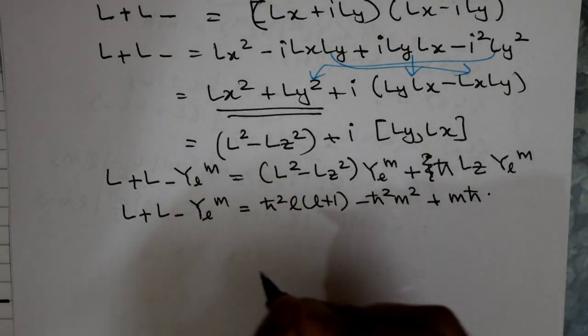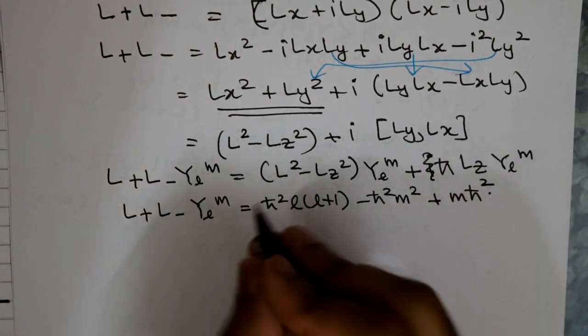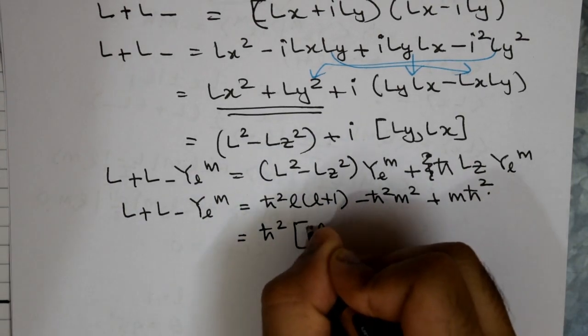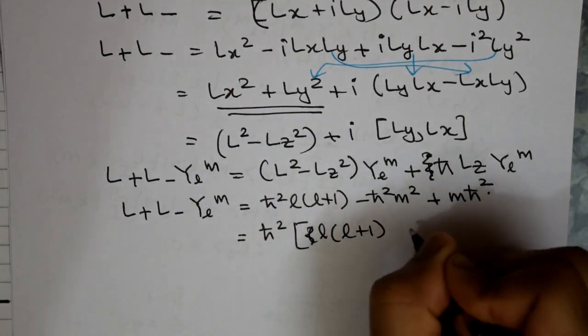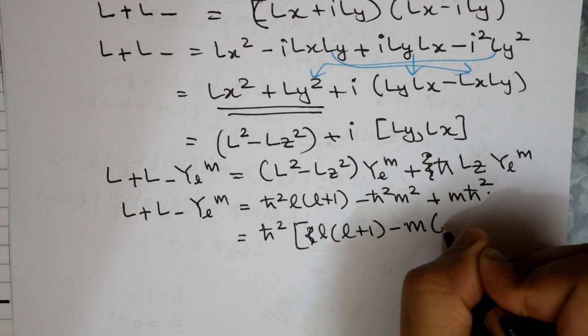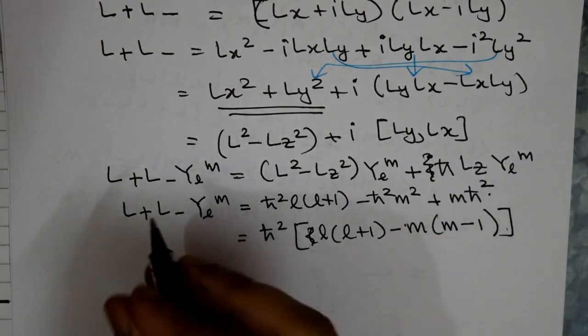So h cross squared, because there will be an m h cross that comes, so there's an h cross that already exists. h cross squared L into L plus 1 minus m minus 1. Let's do this slowly again.